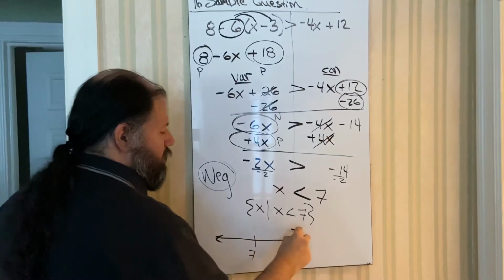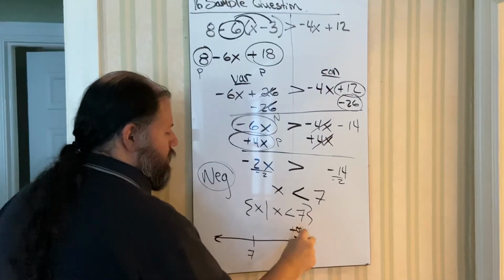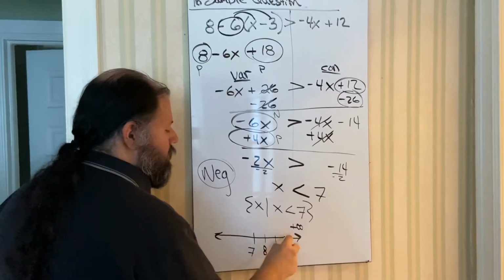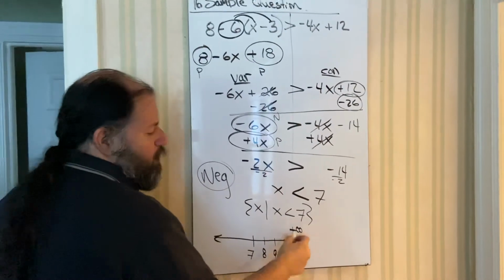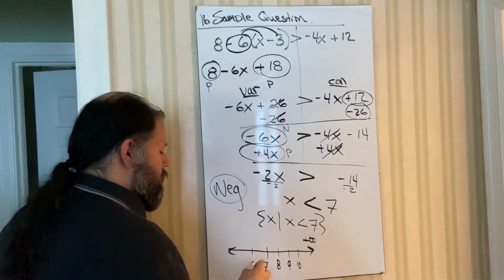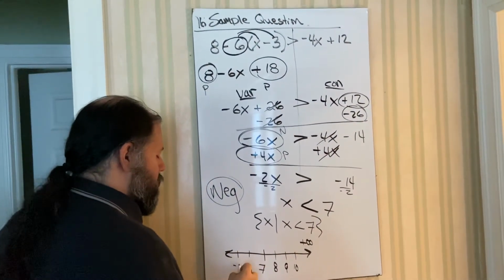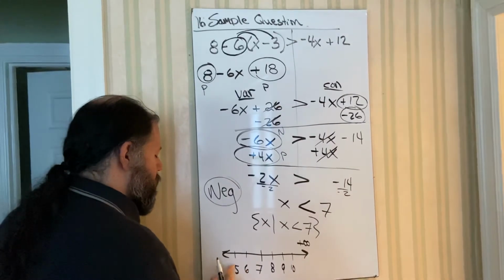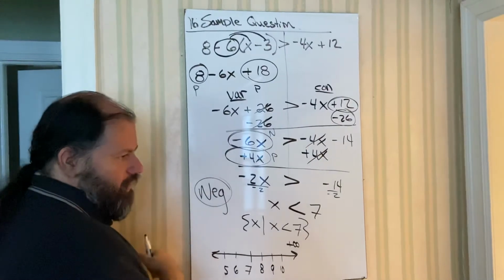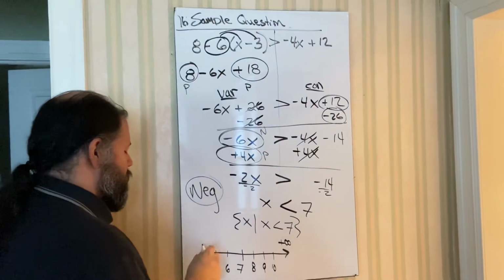Just remember, you're going to go deeper into positive land here. So this is going to be 8, 9, 10, because you're going to get up to like a million. Here you're going to go smaller so that you can get to the negative land eventually. 4, 3, 2, then you will have 1, 0, negative 1, negative 2, and so forth.